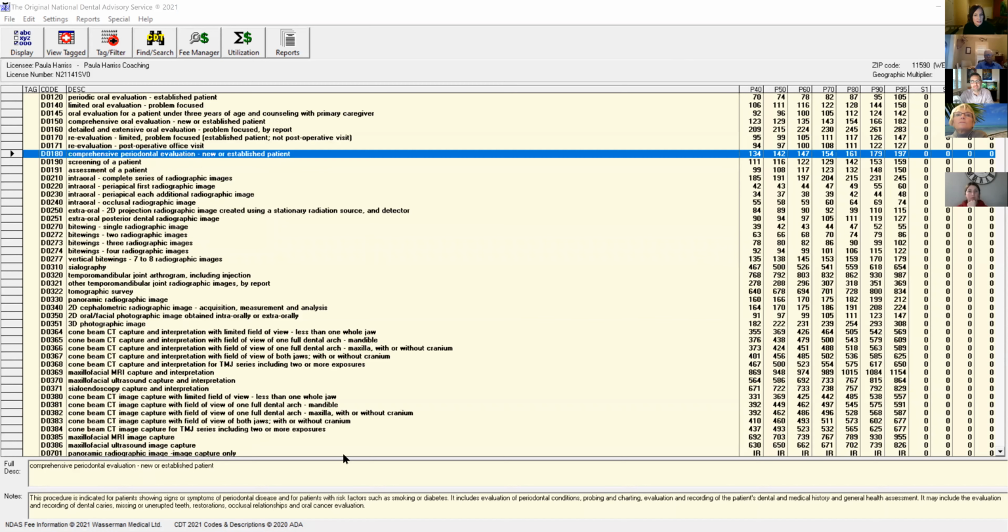And the description says this procedure is indicated for patients showing signs or symptoms of periodontal disease and for patients with risk factors such as smoking or diabetes. It includes evaluation of periodontal conditions, probing and charting, evaluation and recording of the patient's dental and medical history and general health assessment.